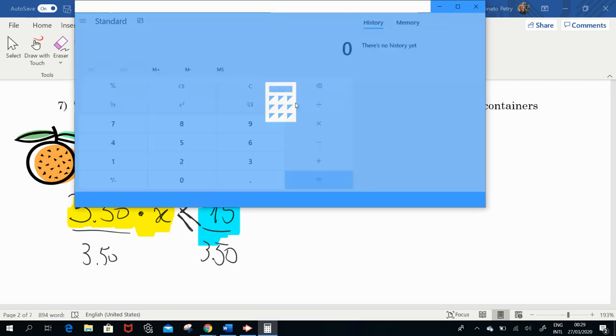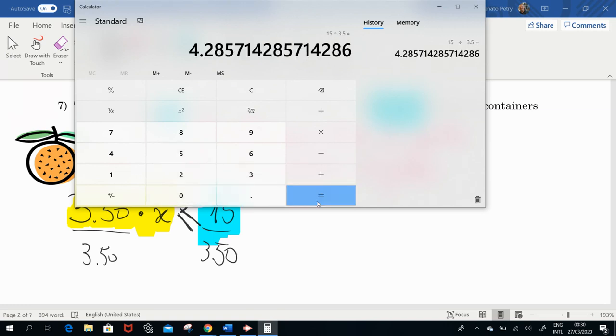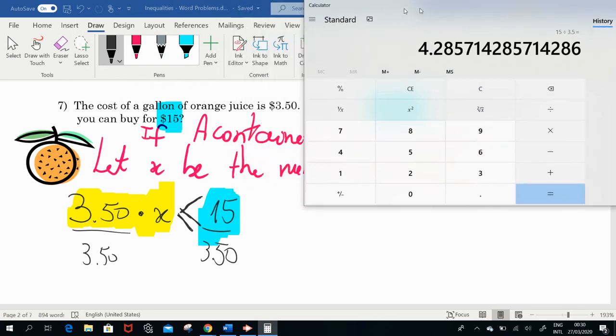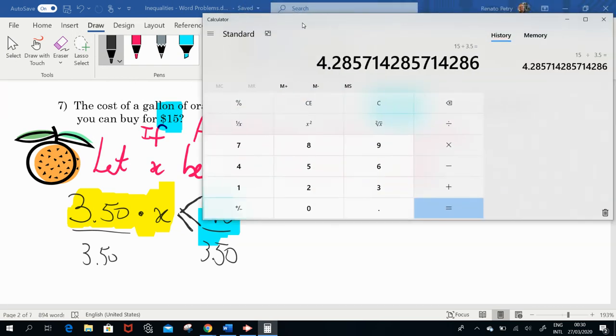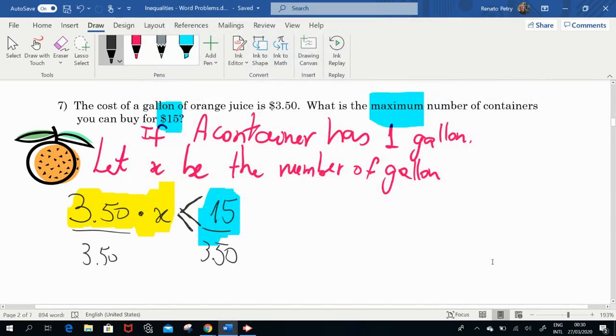My calculator is taking forever. 15 divided by 3.50 gives me a really odd answer, 4.285. I'm going to put 4.3, rounding. So x is less than or equal to 4.3.